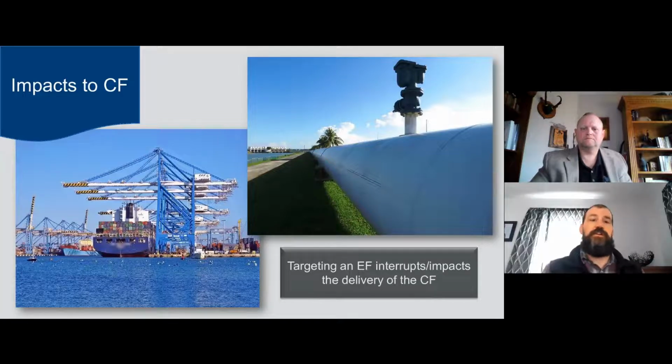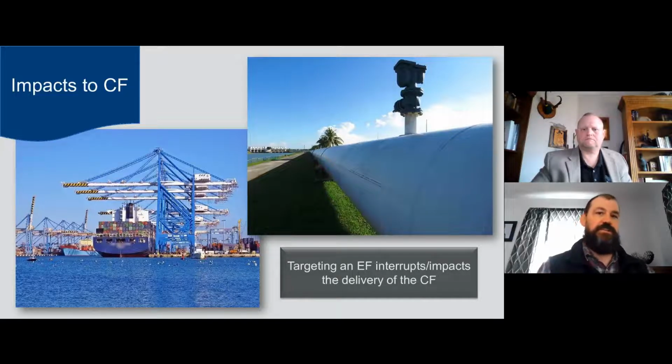So what are we talking about here? I'll give two examples of functions that, if I talked about the critical functions of shipping or the operational technology that's used in shipping, people would immediately go to engine control systems, or the cranes that load or unload systems, et cetera.